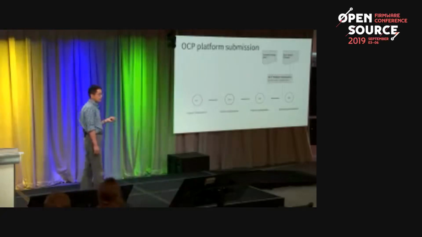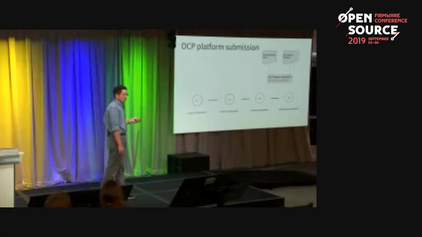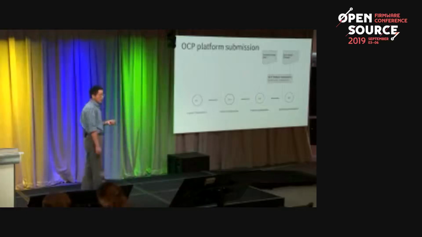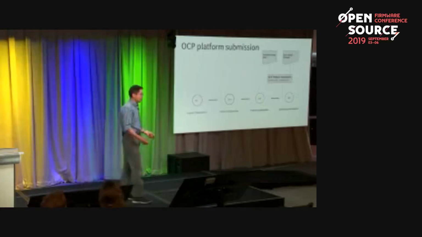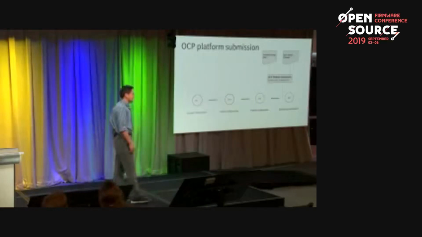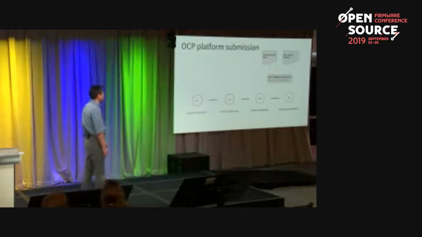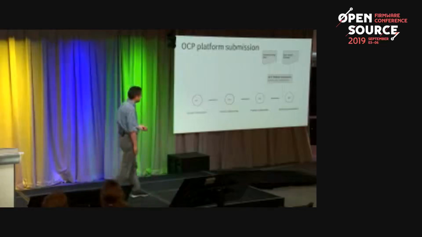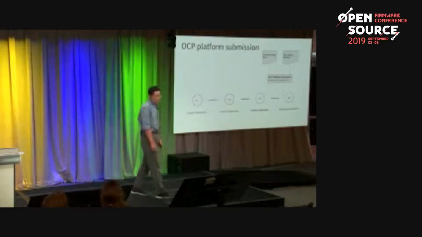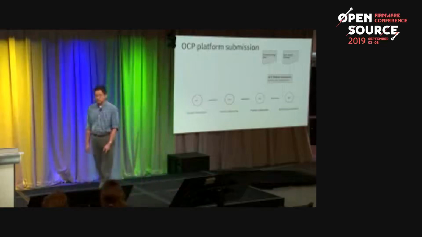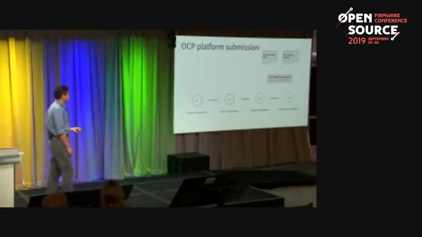So anybody can go to the internet, download the open system firmware, and then you either design the hardware yourself or buy off-the-shelf hardware from Wiwynn in this case. After that, it's community involvement. So Facebook will be involved as a community member.